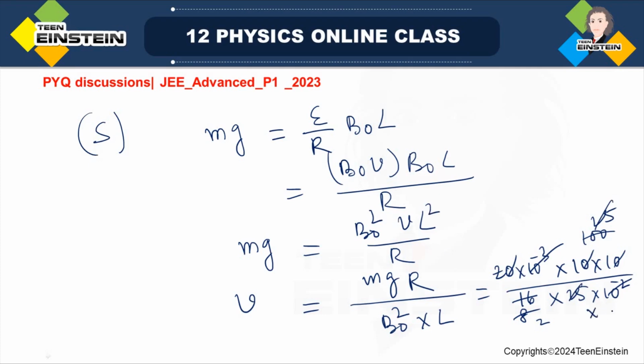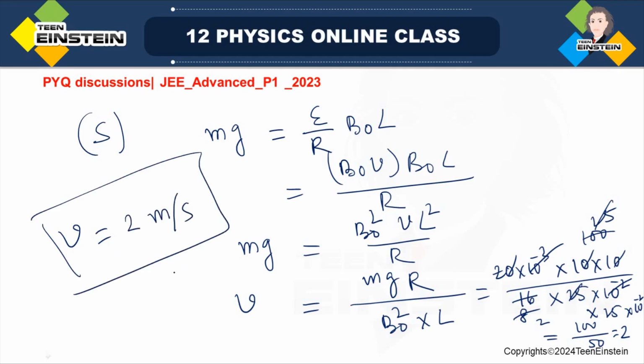So here one more 25 into 10 to the power minus 2 will be there. That means 100 will be there, and there will be 50 over here. So this will be 2. So V we get as 2 meter per second. So this is the answer for the last option.